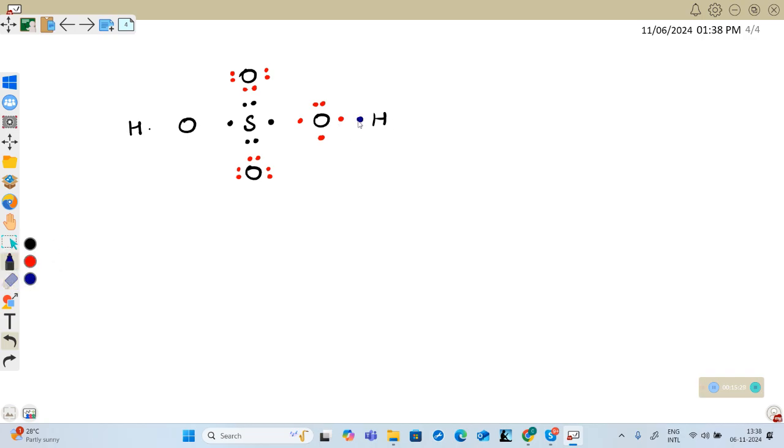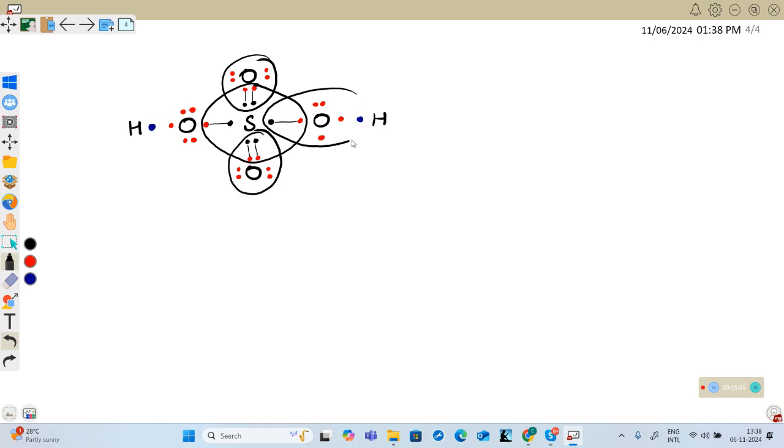Take blue color for hydrogen. 2, 3, 4, 5, 6. You got it? So in this you will see the total how many electrons in sulfur's surrounding? So one is this structure. Each oxygen has 8 electrons.